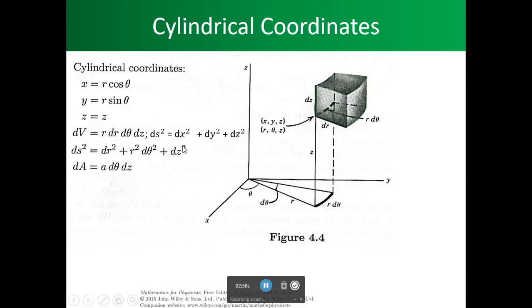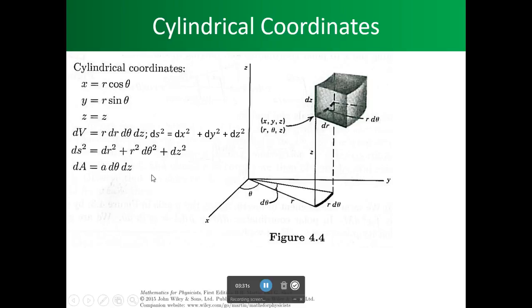Now, for a ds, in rectangular coordinates, we have dx squared plus dy squared plus dz squared. So now, as we look at s, ds squared is equal to dr squared plus r d theta squared plus dz squared.